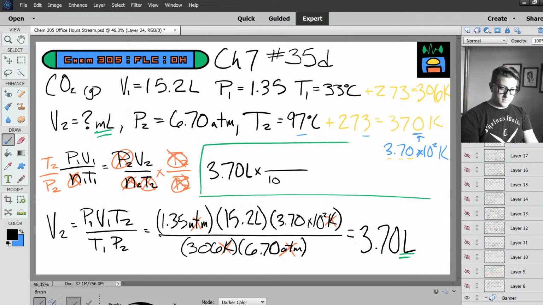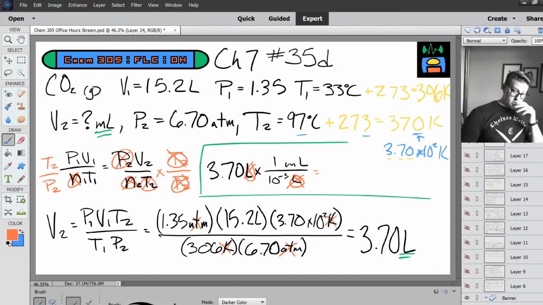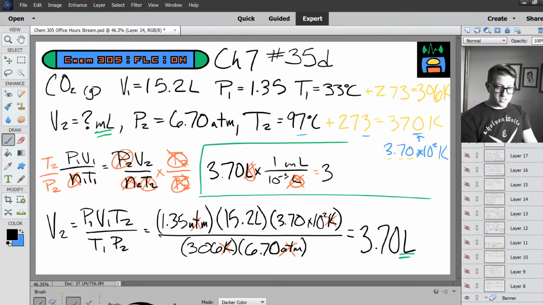1 milliliter is 10 to the third liters. So now, when you do this, my calculator is telling me my answer is 3,700 milliliters, but I need 3 sig figs.